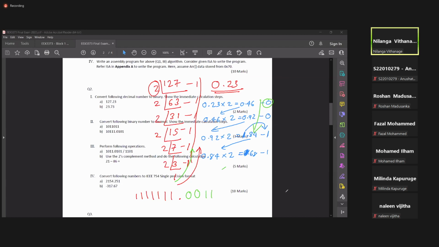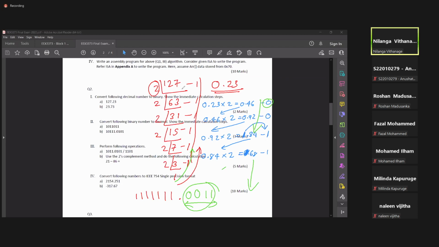In your final exam, going up to 4 binary points is enough. Sometimes students go up to 8 or 9 steps, but you don't need to do that. Even if you write 4 digits, you will get full marks.